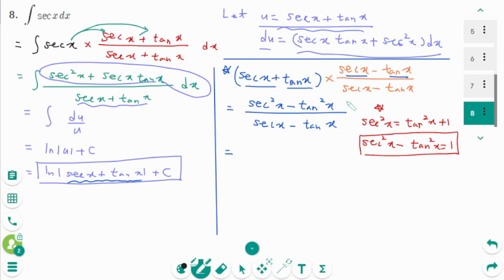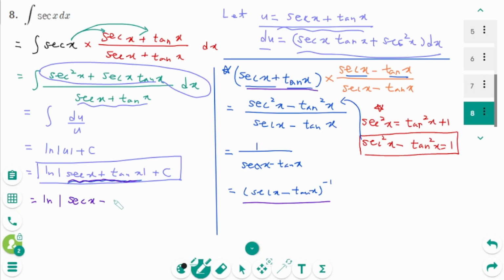So this part, 1 over secant x minus tangent x, equals secant x minus tangent x to the power of minus 1. Then back to the original. Ln absolute value of secant x plus tangent x is this one.